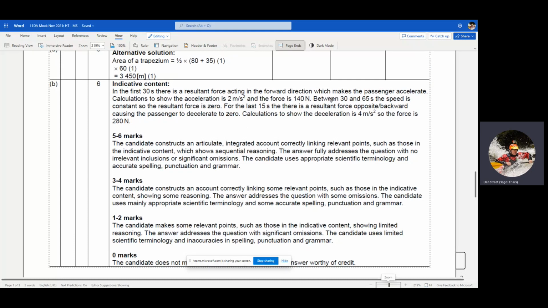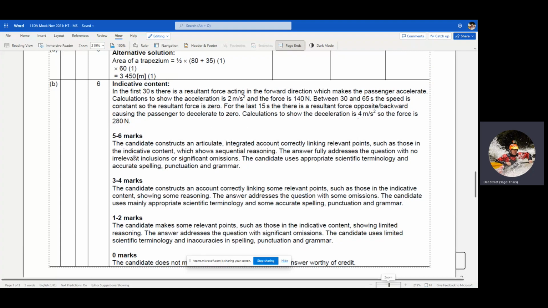Okay, between 30 seconds and 65 seconds, the speed is constant, so the force is 0, the resultant force is 0. And then for the last 15 seconds, there is a resultant force opposite or backward, causing the passenger to decelerate to 0. And you need the calculations to show the deceleration is 4 meters per second squared, so the force is 280 newtons. Okay, so that's in words effectively what we've just been talking about in numbers.